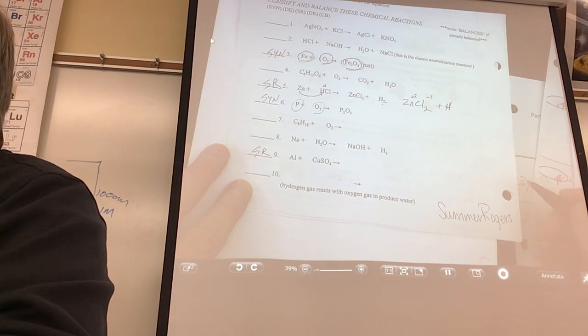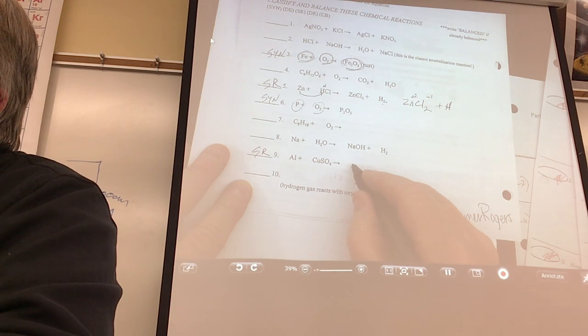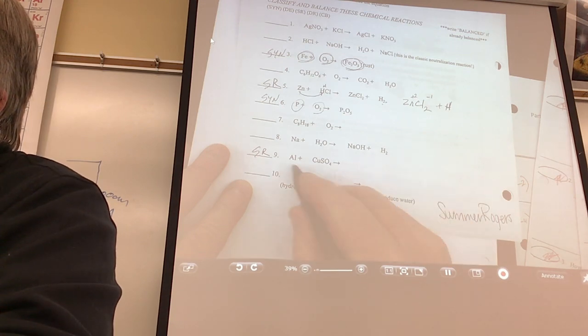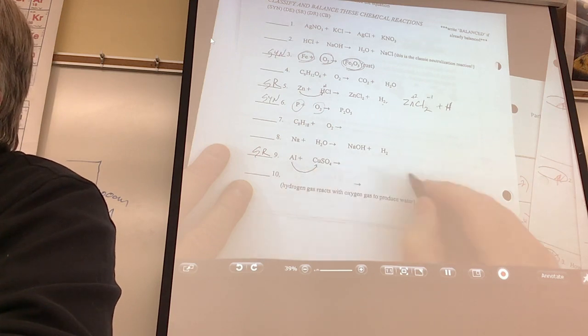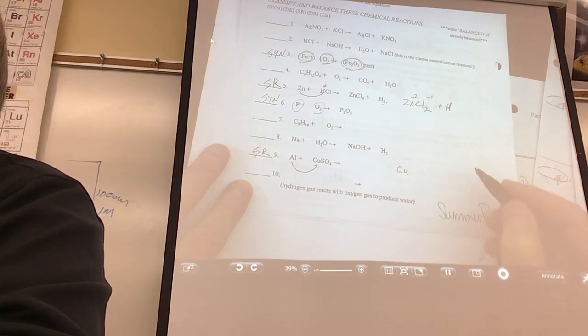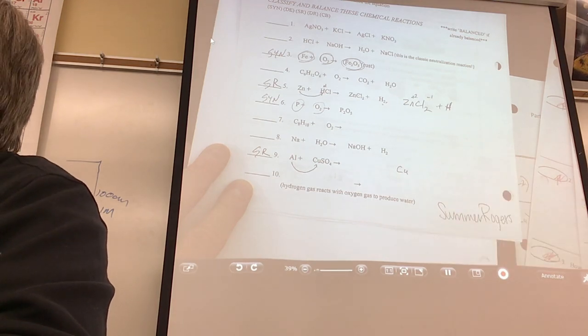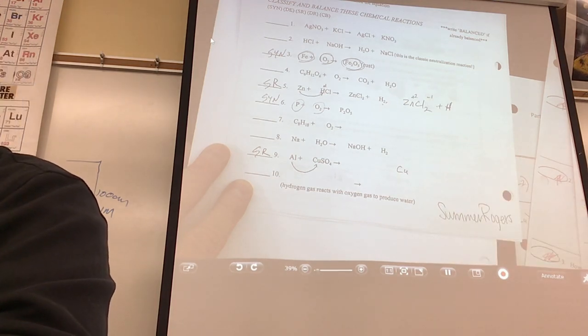Okay. You got it, Lydia? It said aluminum sulfate plus copper. Okay. So you think the aluminum is going to kick out who? The copper. Okay. So let's put copper by itself. Is that a diatomic element? I'm going to go back to Claire. Claire, how do you know if something's a diatomic element?